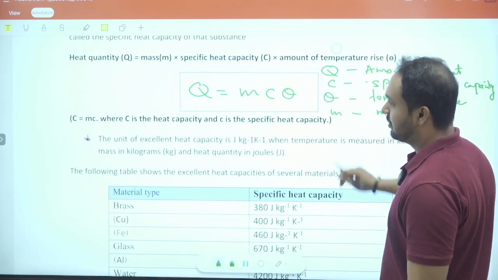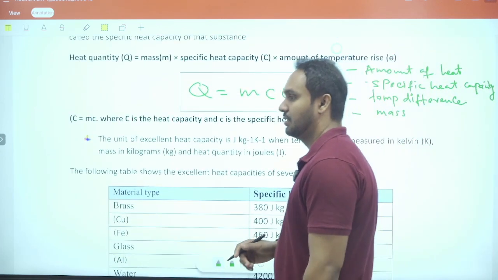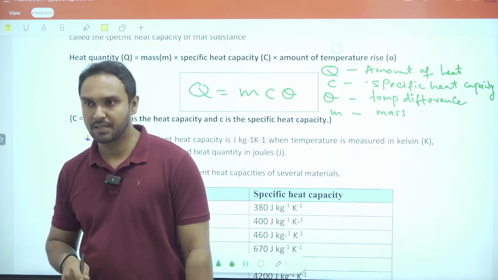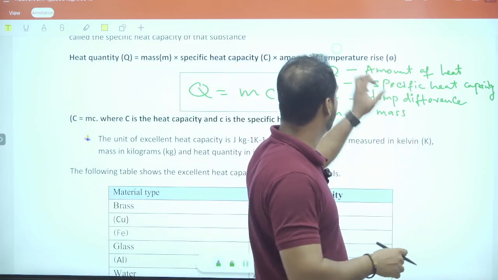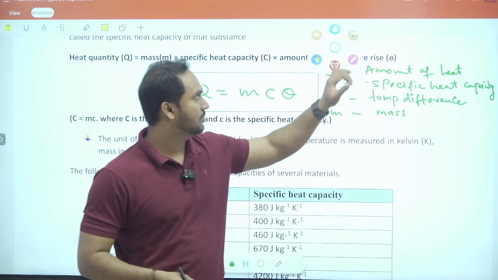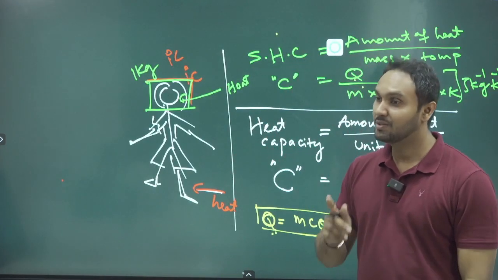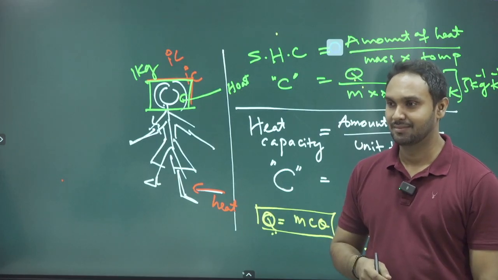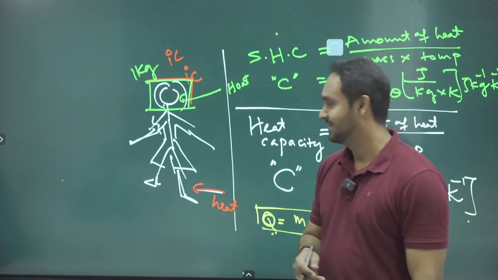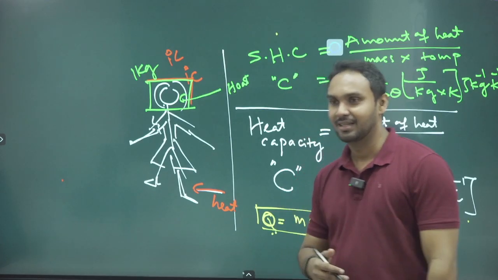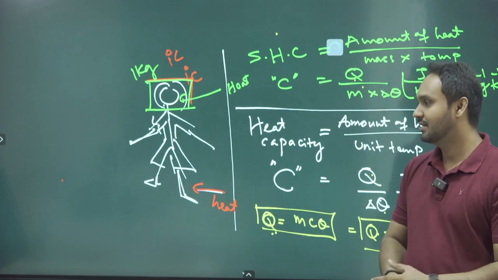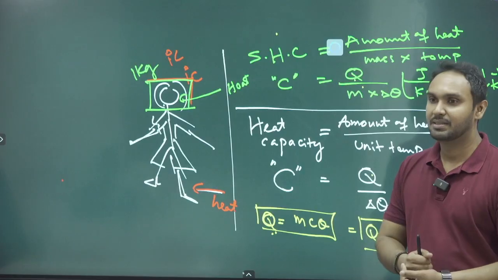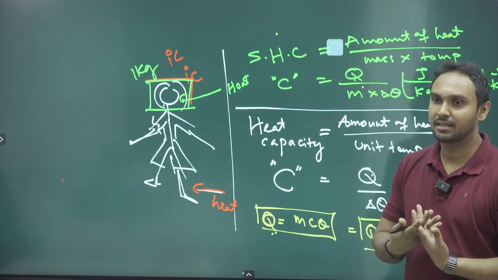Right, so if you understand the specific heat capacity and the heat capacity, can you tell me a relationship between the two capacities? Don't tell it now. You already know it. Now tell me a relationship between the specific heat capacity and heat capacity.